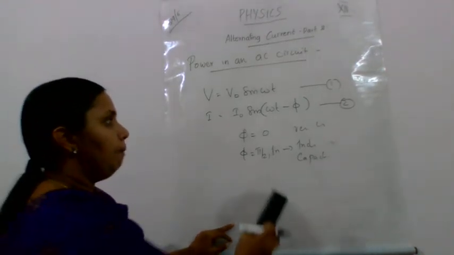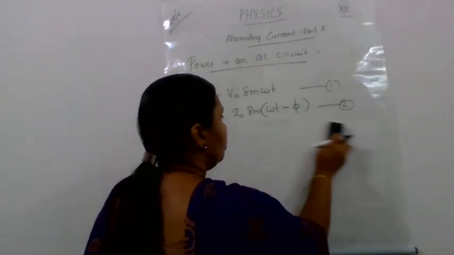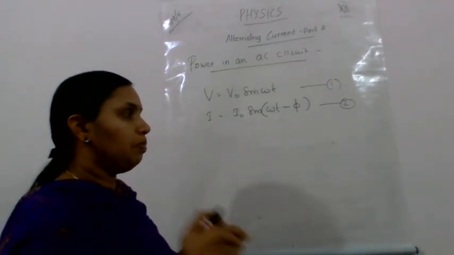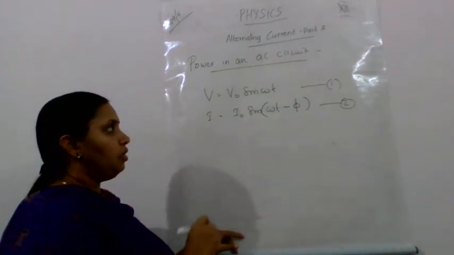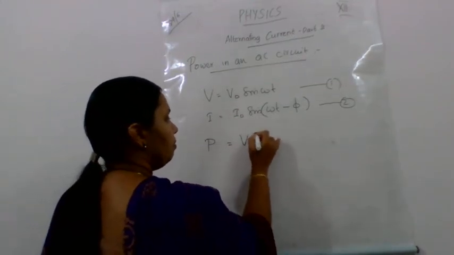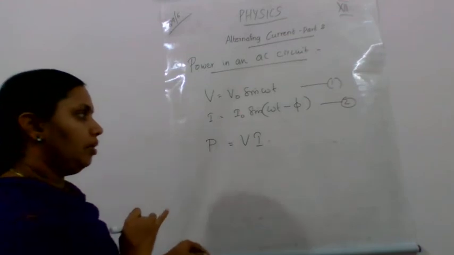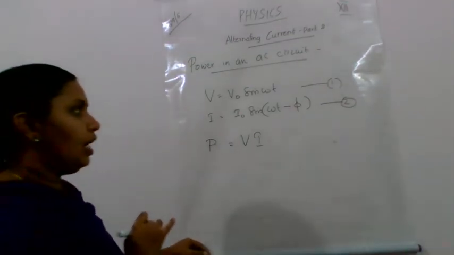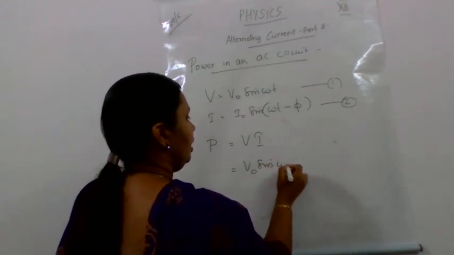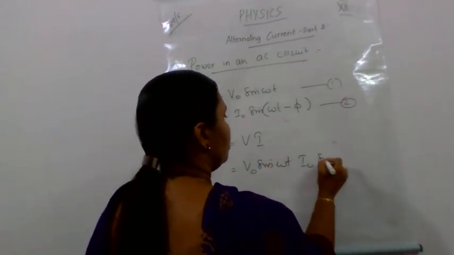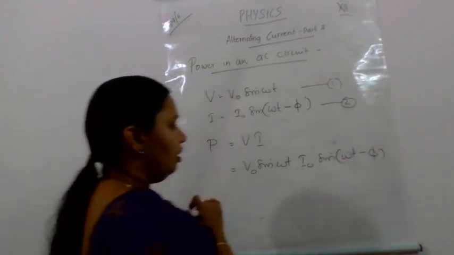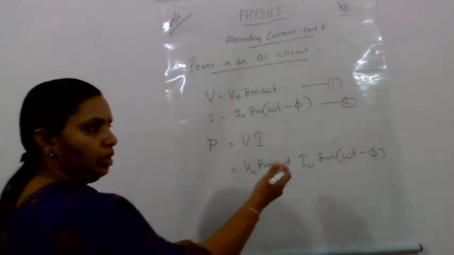So what will be the instantaneous power? Instantaneous power means the power at a particular instant. We can write it as the product of voltage and current, P equal to VI. So substitute V0 sin omega t and I0 sin(omega t minus phi).